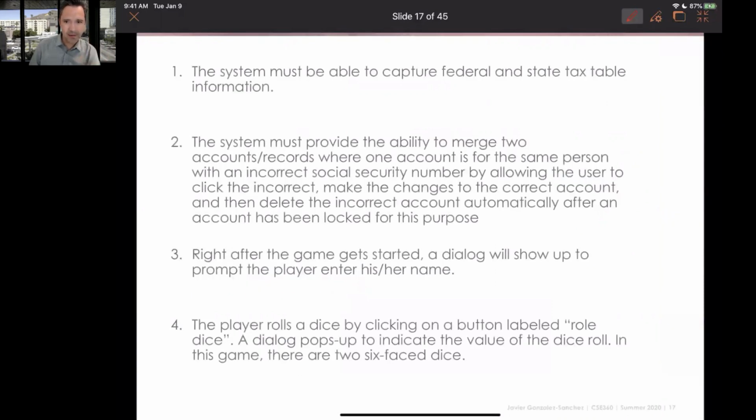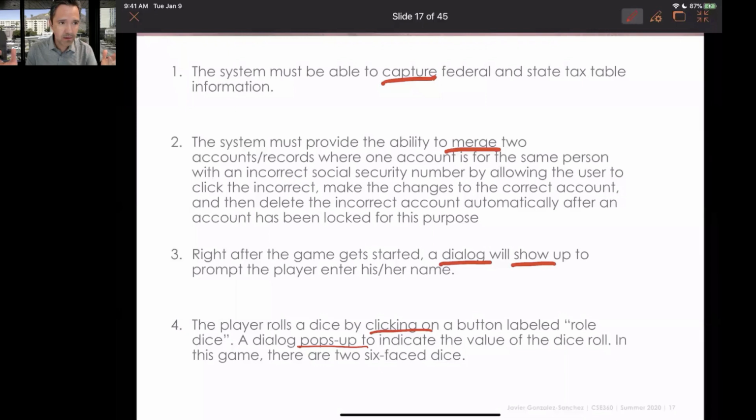Now, moving forward, functional or non-functionals, 1, 2, 3, and 4, quickly. Can you agree with me? All of them are functional.